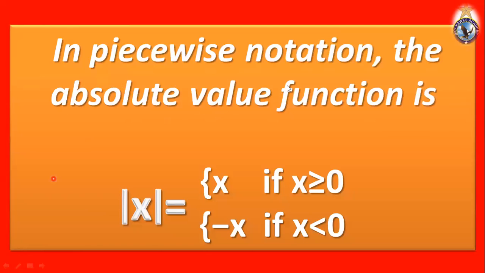In piecewise notation, take the absolute value function. Here you are using the function that is the absolute value of x, which can be in two types of calculation. We get the value x, the positive x, if x is 0 or greater than 0.